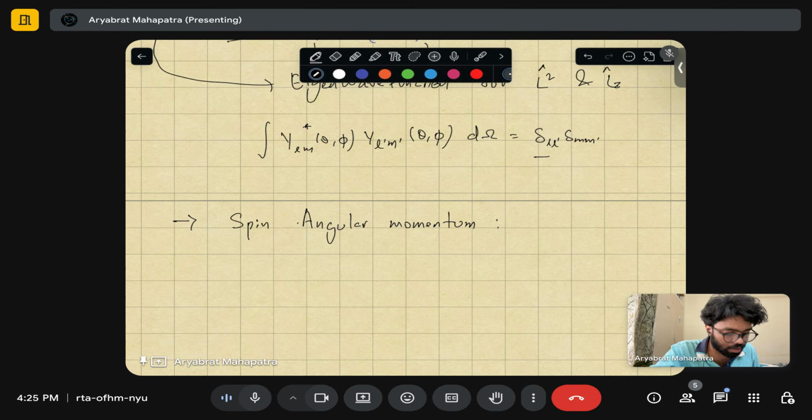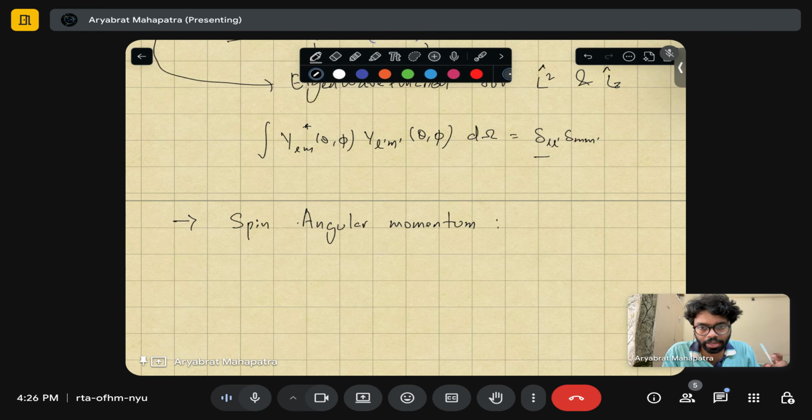For a point particle, we don't have any spin in the sense that, if a solid object is rotating about its own axis, that means it is spinning. But for a point particle, rotation about its own axis is not very meaningful, because it is a point particle.